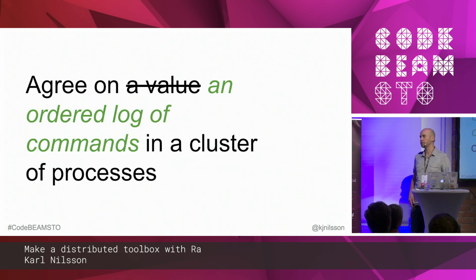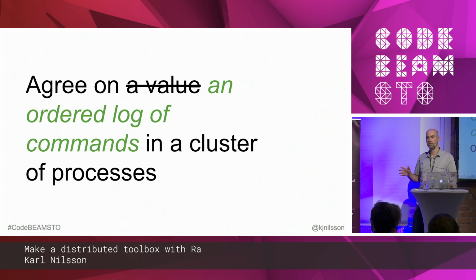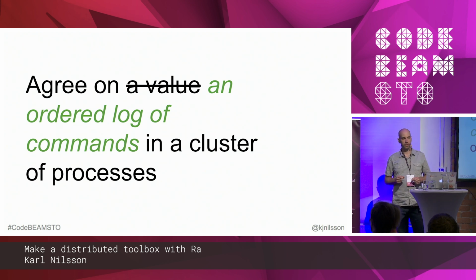And when we talk about consensus algorithms, usually they're described as something that allows you, in a cluster of processes, to agree on a value. But for Raft, I think it's more helpful to think of it as an ordered log of commands instead, that all the members of this cluster will agree upon, and agree on the order and the commands that are in them.